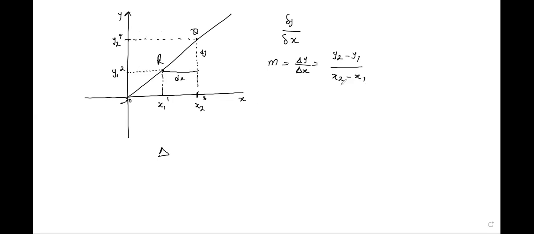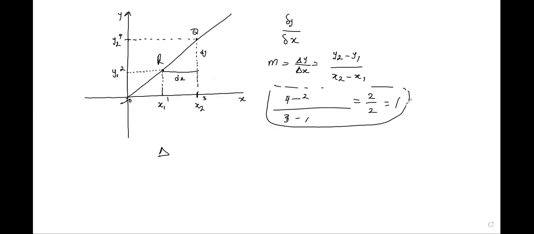Just an assumption. If you have to find the slope now, you can quickly say y2 is 4 minus y1, this is 2, divided by 3 minus 1. So this is just 2 upon 2, which is equal to 1. So you can clearly say that this is the slope. Is that not so? Yes, sir.